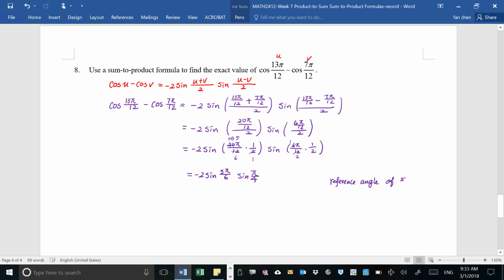The reference angle of 5 pi 6 is pi 6, in the second quadrant, so therefore sine is positive. Sine pi 6 is equal to 1/2, therefore sine 5 pi 6 also equals 1/2. Sine pi 4 is square root 2 over 2. Therefore, that is negative square root 2 over 2. Right, so that's the exact value of this expression.